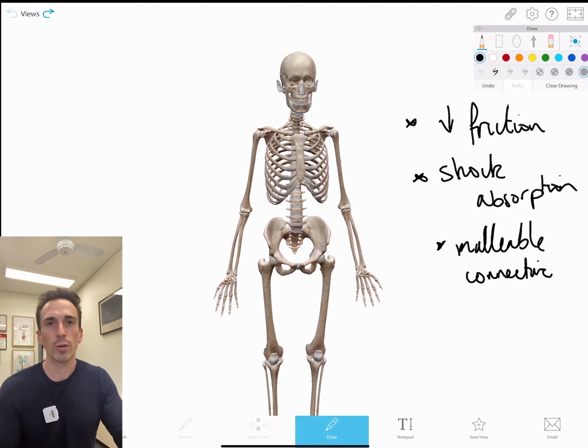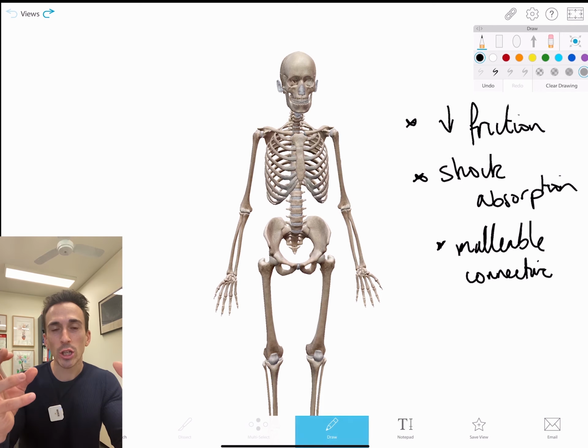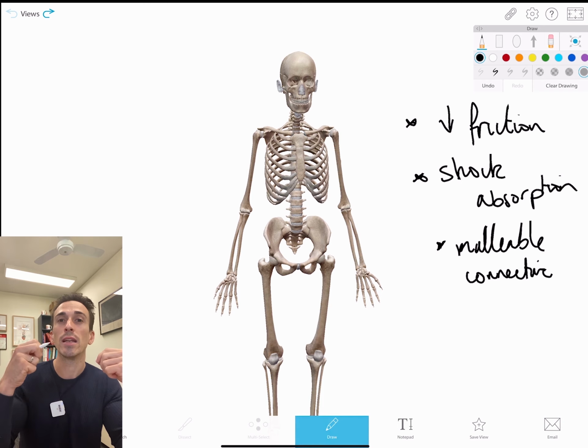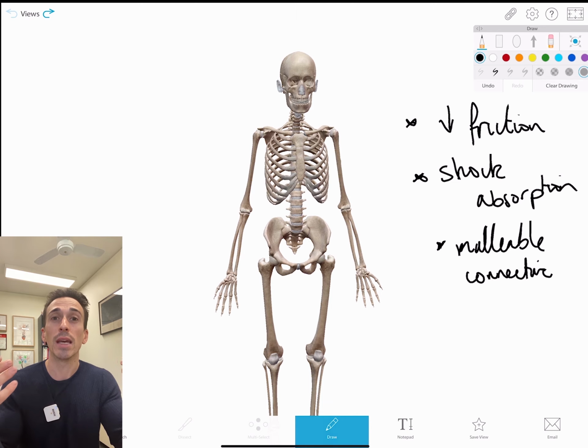And I'll talk about what we mean there. Malleable obviously means we can move it around. It's bendable, it's flexible. Bones aren't really that flexible, but cartilage can be flexible. So in areas where we need structure and support, we may also need it to be slightly flexible. An example of that is the nose. There's no bone there in the nose, but there is a lot of cartilage because we need structure, but it also needs to be flexible.